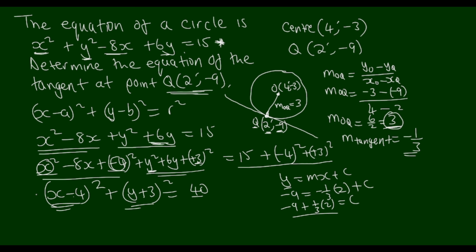Put this in the calculator. It must give you negative 25 over 3. So c is equal to negative 25 over 3. The equation of the tangent now becomes y equals negative 1 over 3 x minus 25 over 3. That's how we find the equation of the tangent.